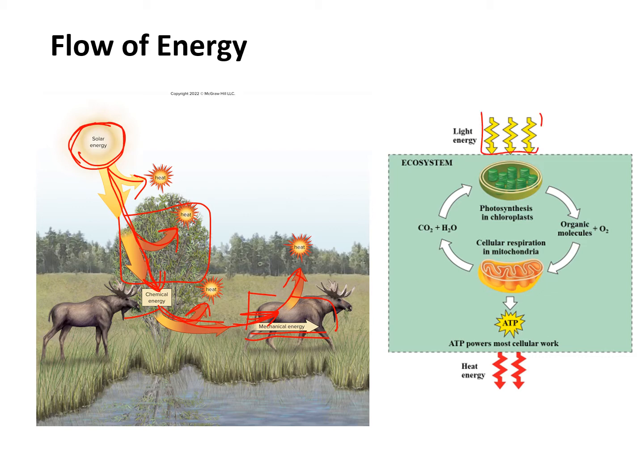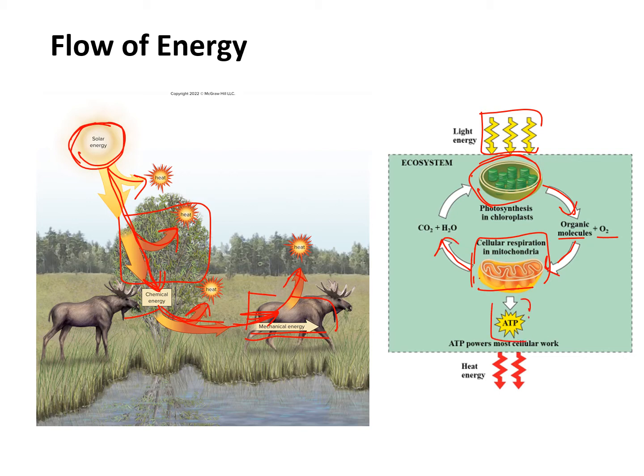Light energy comes in, the chloroplasts perform photosynthesis, producing the organic molecules and oxygen as a waste product. Then those organic molecules are going to go through cellular respiration, of which the mitochondria is involved. And during cellular respiration, the mitochondria is going to take those organic molecules and break them down to release energy.